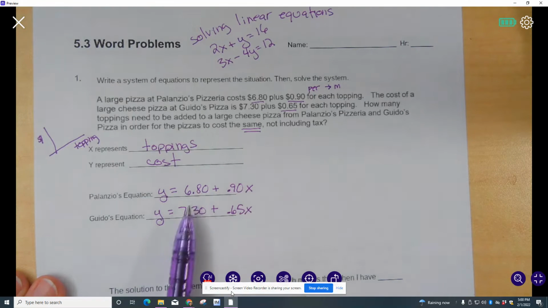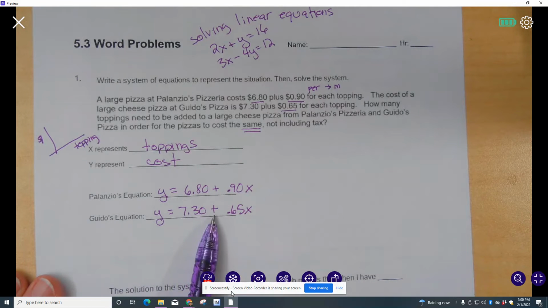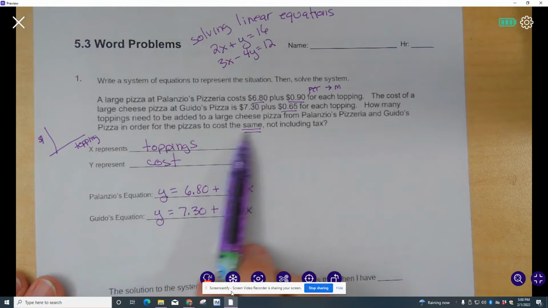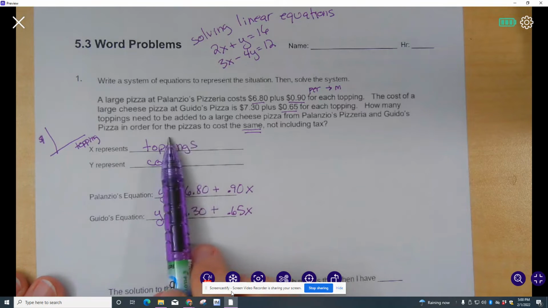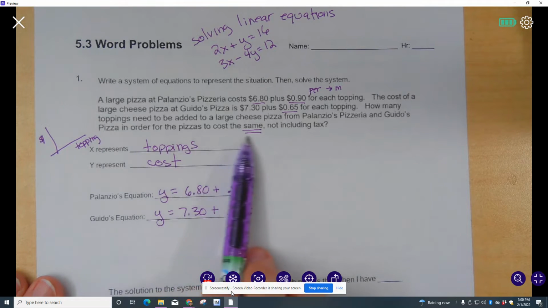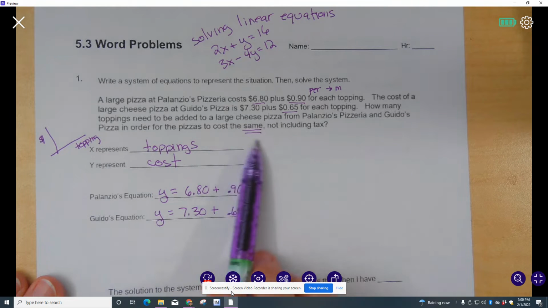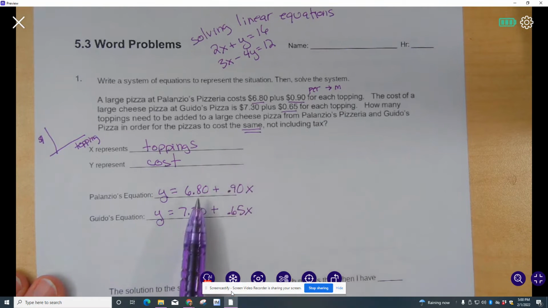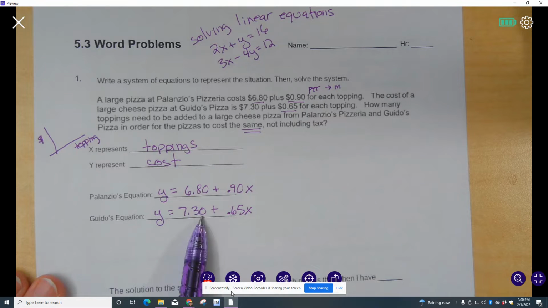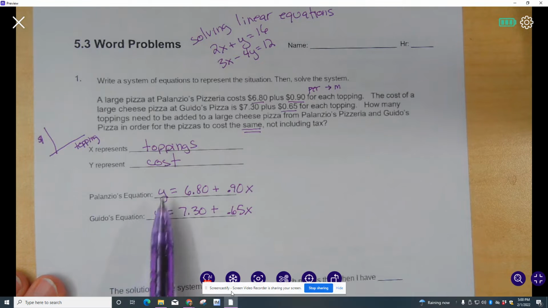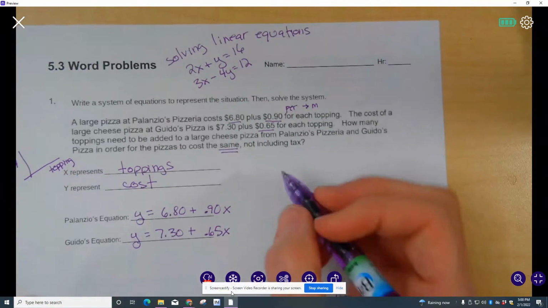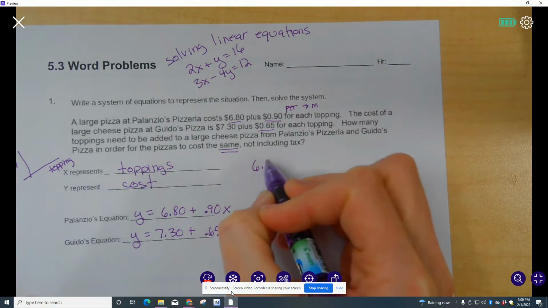Okay, now here's the key. I'm going to solve for x and y here. You could almost think about this like a substitution problem, or you could think about the line where it says, how many toppings will you need to add for the cost to be the same? If I want these costs to be the same, this is the cost of this pizza, this is the cost of this pizza, I would set the two costs equal to each other.